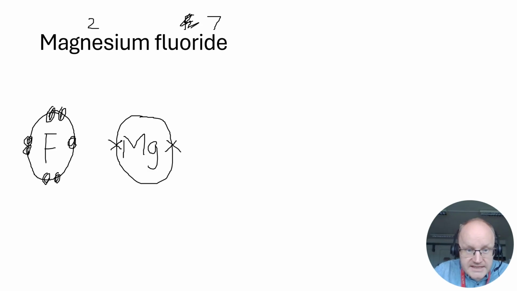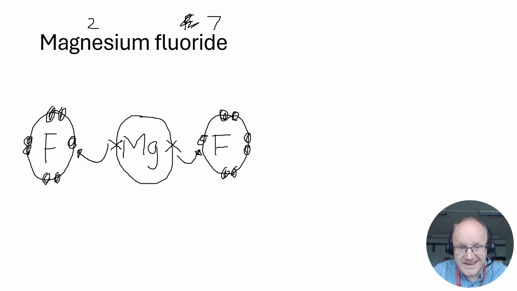So the magnesium donates 1 of its electrons to the fluorine, but you can see that the magnesium still has 1 outer shell electron, so we need a second fluorine with 7 electrons. And we transfer the second electron from the magnesium to the fluorine like that.